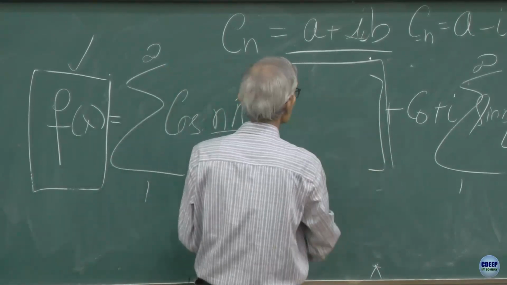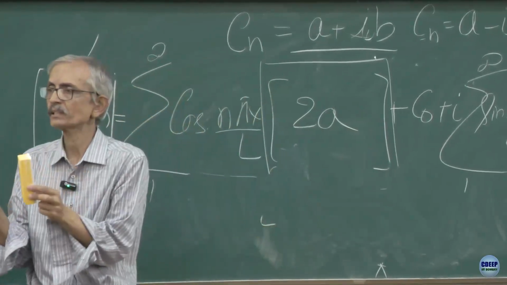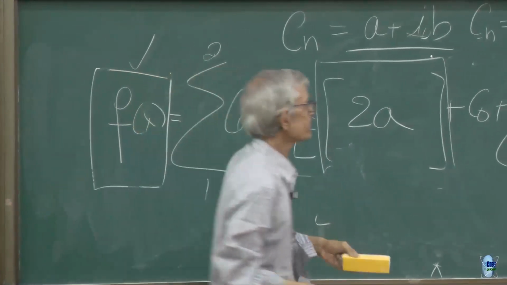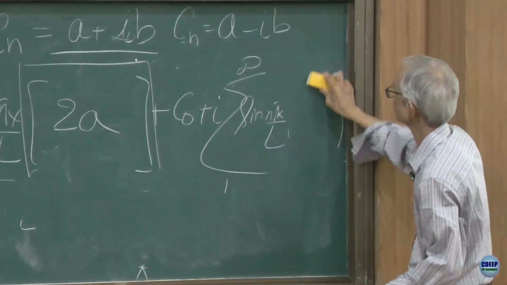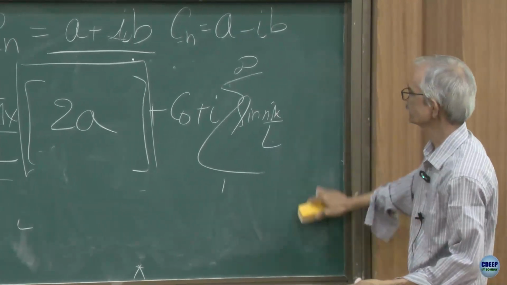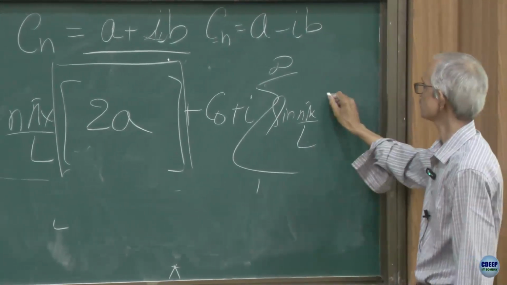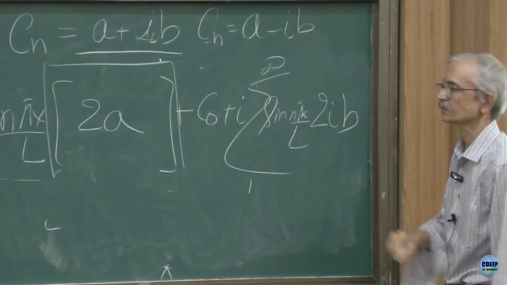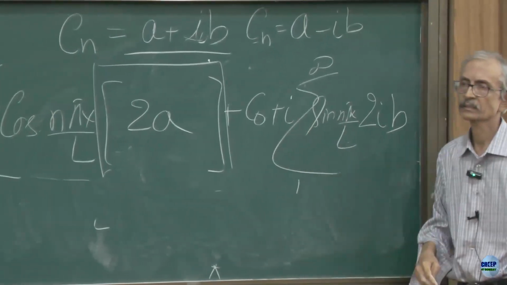Therefore these two terms will go away and what you are left with is 2A, where A is some real number. Similarly, what is going to happen here? Cn minus C minus n is 2Ib. And what is i squared?